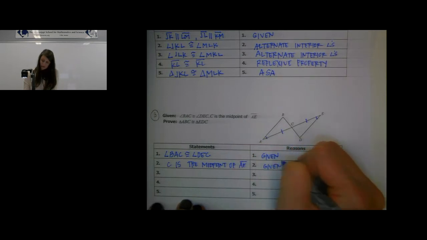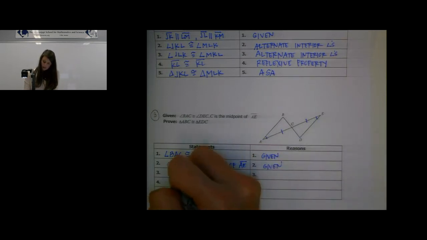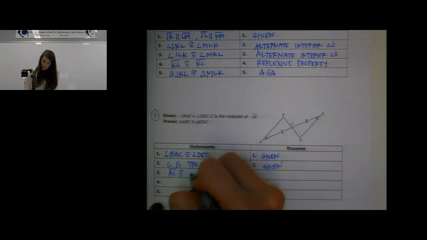Okay, so if that is the midpoint, then that means that AC is going to be congruent to EC.